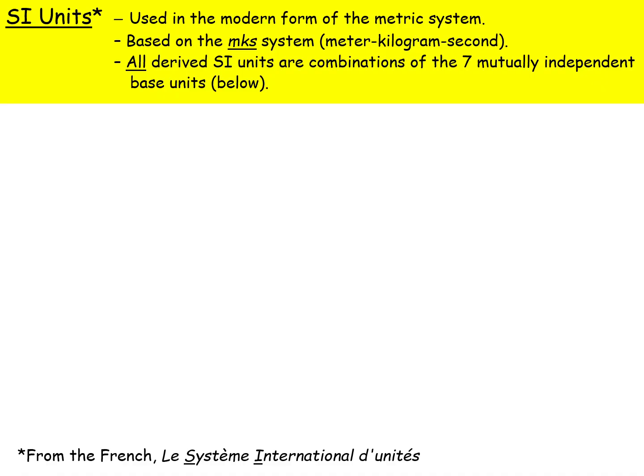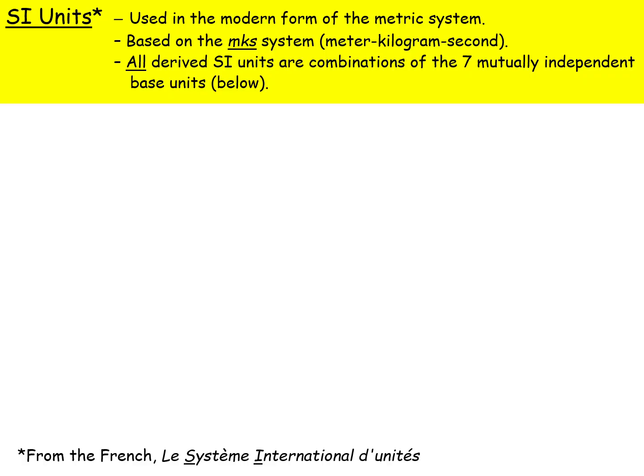All right, SI units. Every 20 years or so, the people that decide on these things get together and decide on a common system of units to use. It used to be the CGS unit, which was centimeters, grams, and seconds.